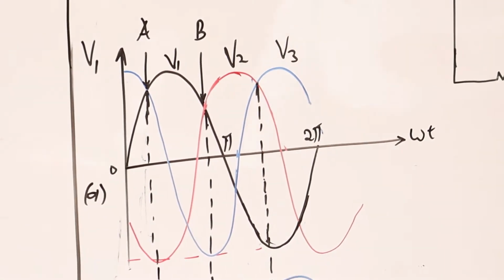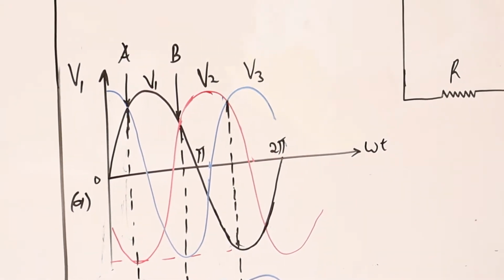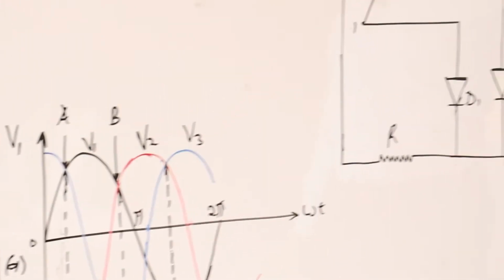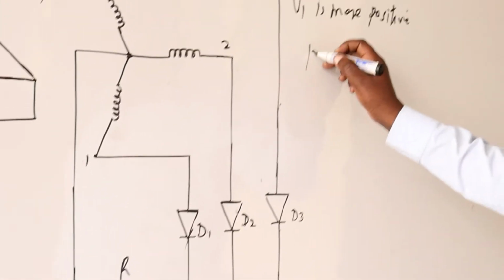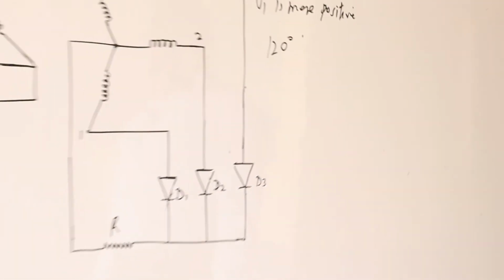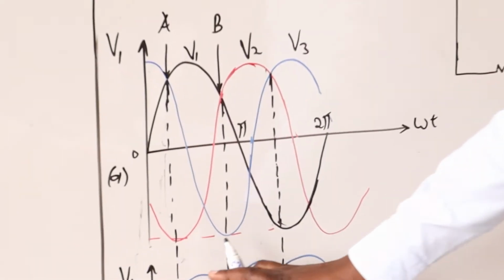And our secondary winding voltages, V1, V2, and V3, are normally displaced at an angle of 120 degrees. So this is how the output waveform appears.